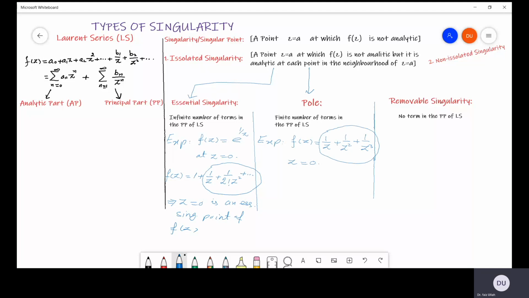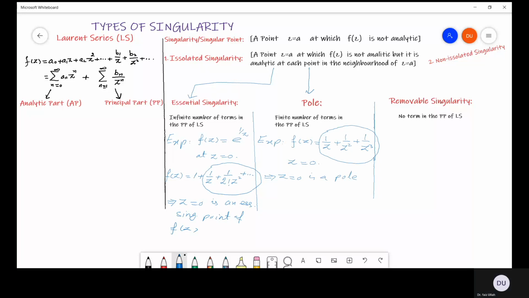of this function. This is the principal part of the Laurent series because all z's are in the denominator. And you can see there are finite number of terms. So that is why we can say that z is equal to 0 is a pole of this function.